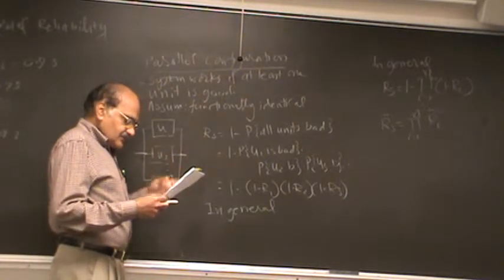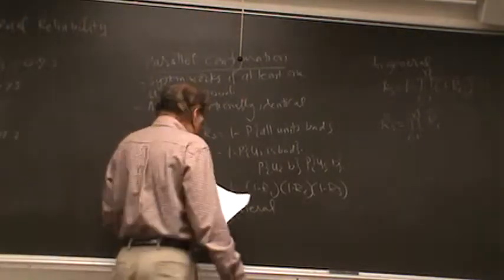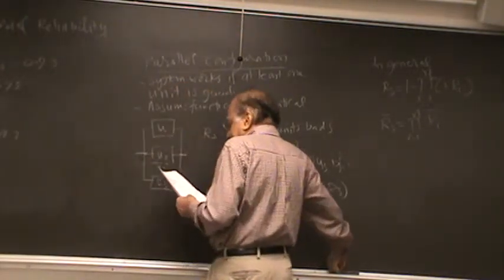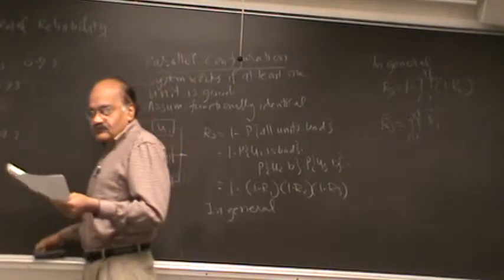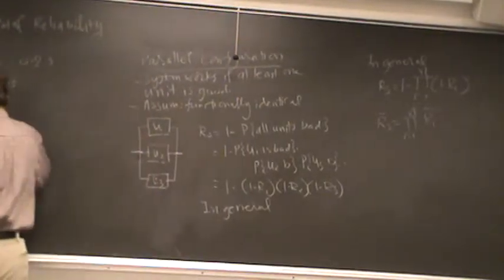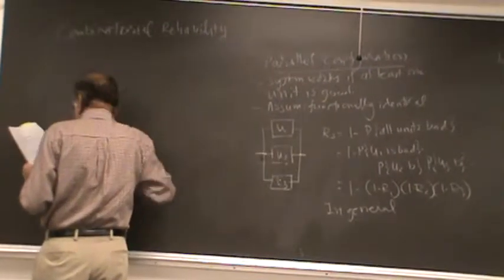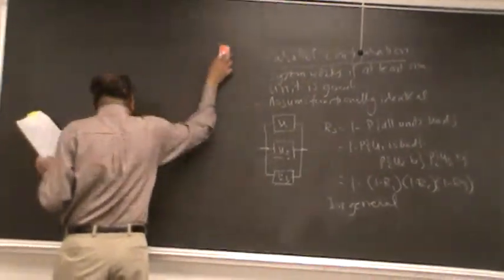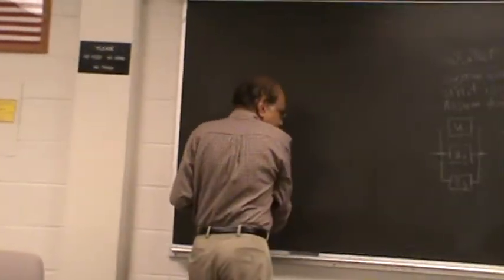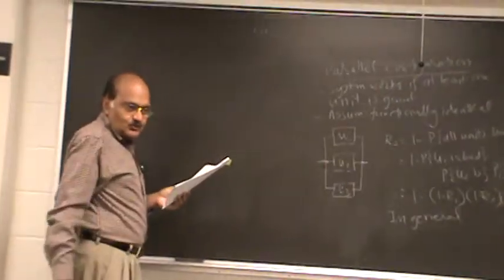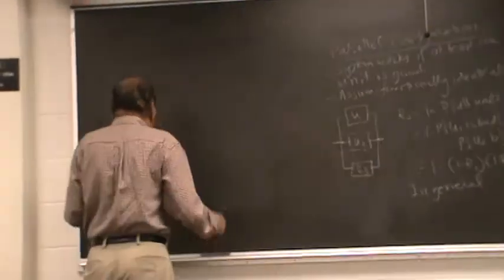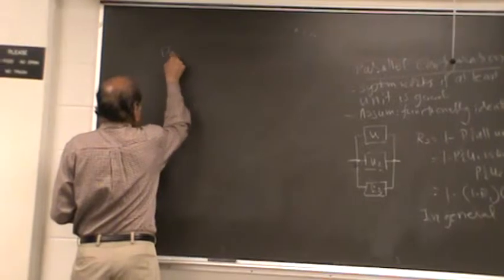Okay, now let's assume we have a system with parallel configuration, and we want to improve the reliability, and we are hoping to improve it by using redundancy. Then one question is how much redundancy you should use. Here's an example of parallel configuration.